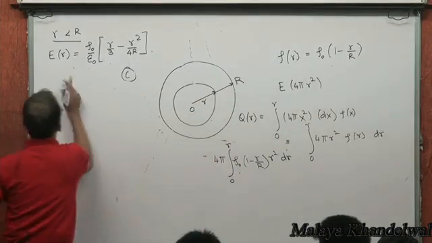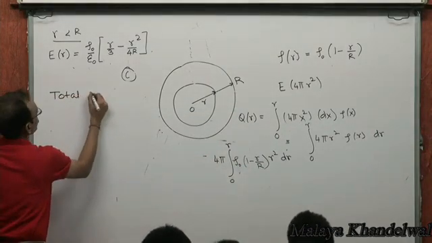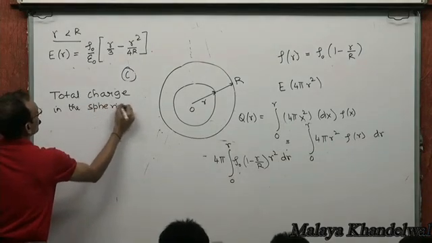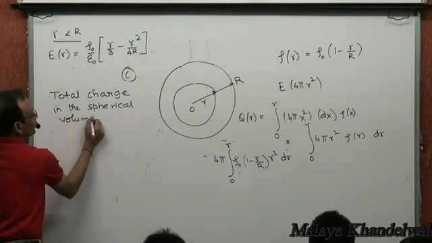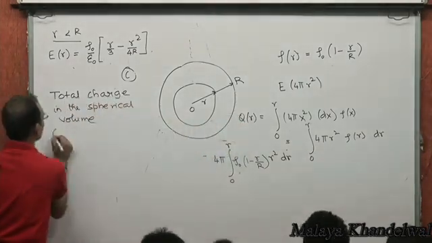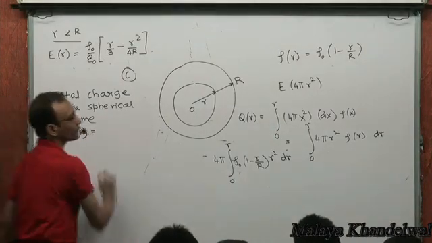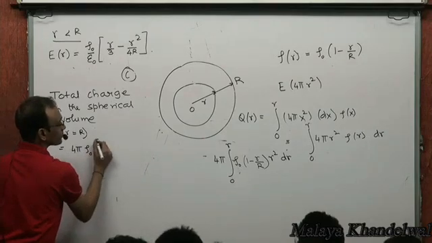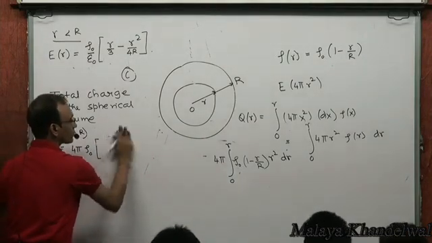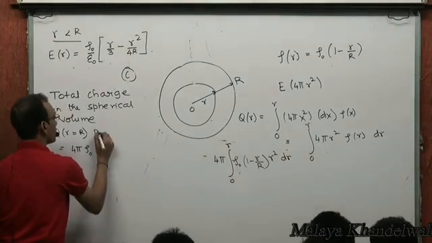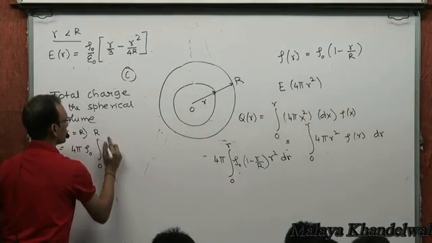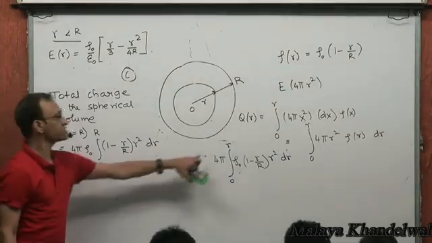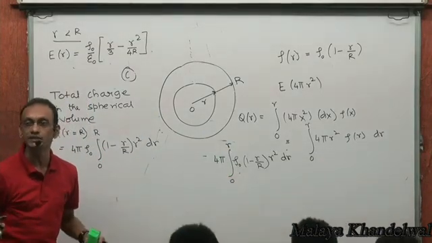So the total charge in the spherical volume would be Q at r equal to capital R, which is this expression: 4 pi rho naught into the integral from 0 to capital R of 1 minus r by capital R into r squared dr. Just replace small r by capital R, and you get the total charge inside this entire sphere, right?